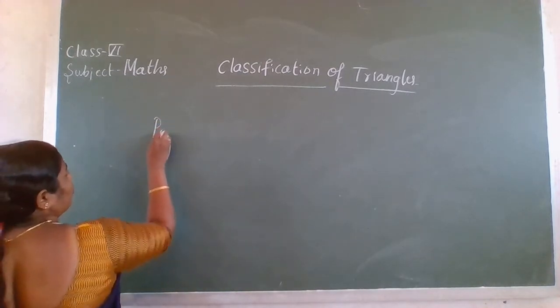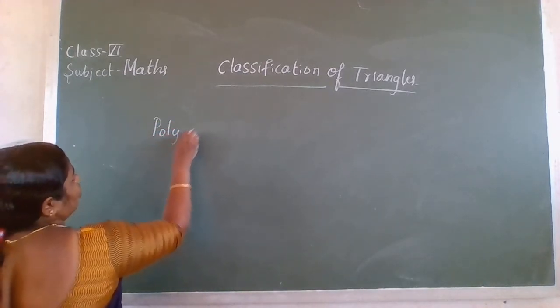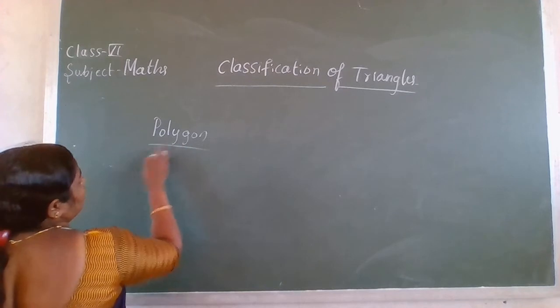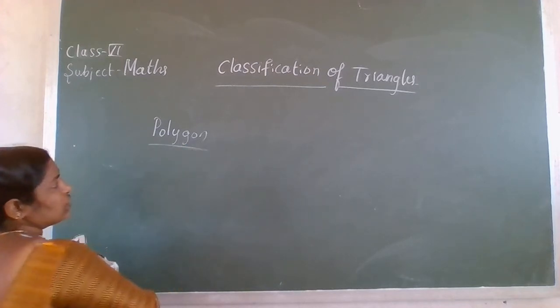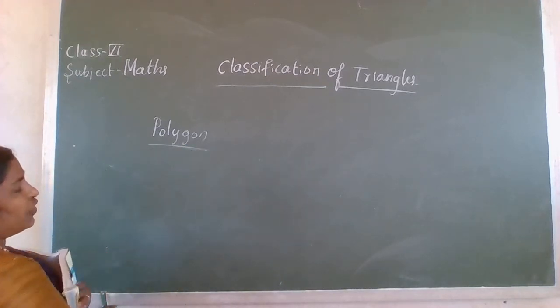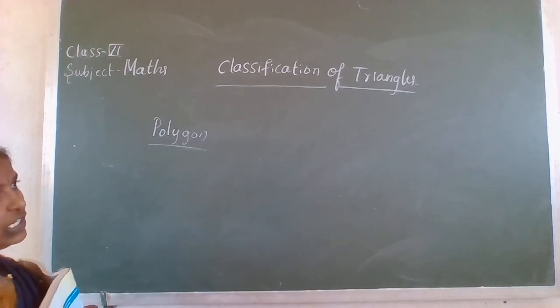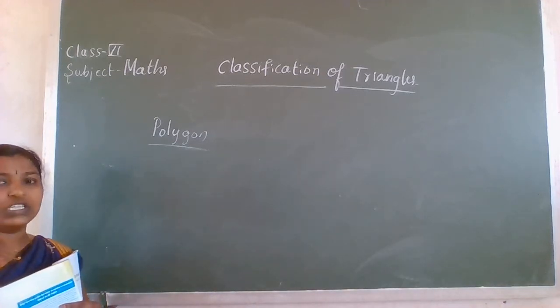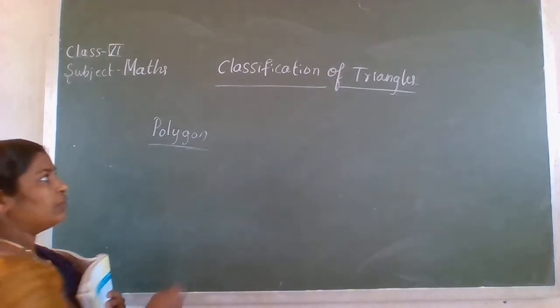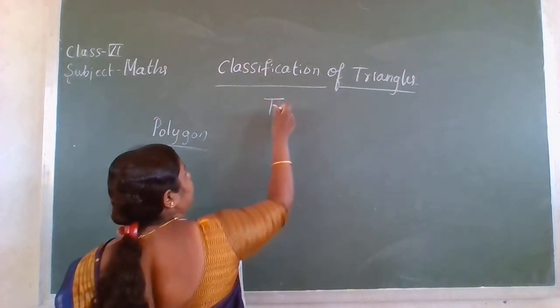Polygon, you know. What is a polygon? Poly means many, gon means sides. So many straight lines, at least 3 straight lines making a closed shape, that will become a triangle.